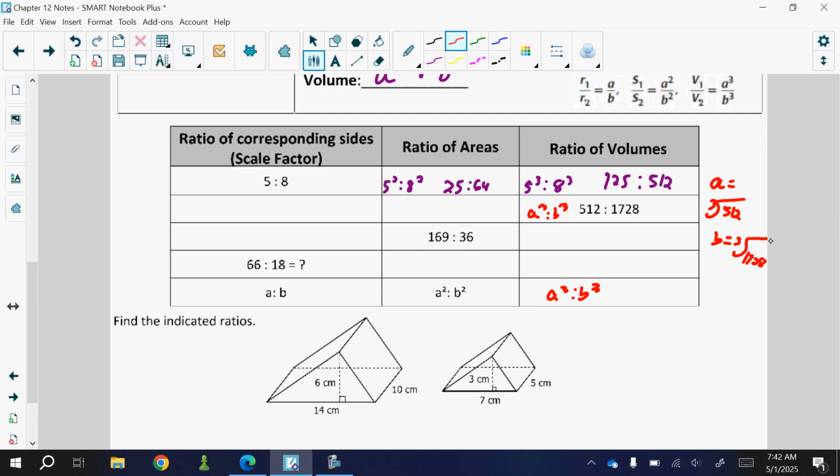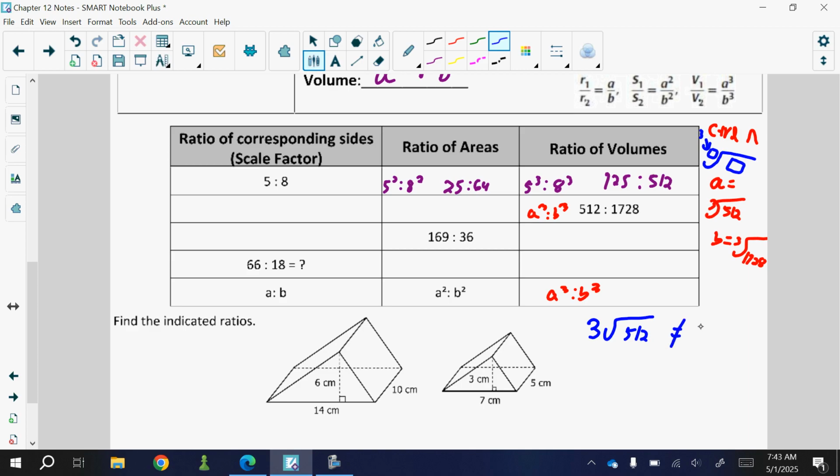You're going to do that in the calculator. You hit Control and then the caret button, which is right under the equal sign, and it'll open up a box that looks like this. 3 goes in that outside box, and then your number goes in here. Again, you need to remember that because some of you might put this in your calculator as 3 times the square root of 512.